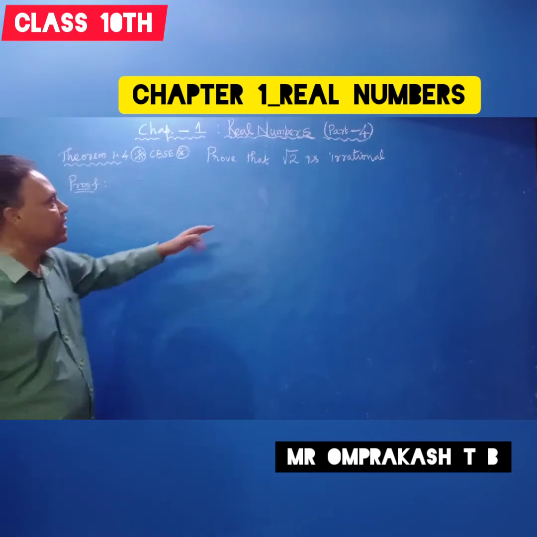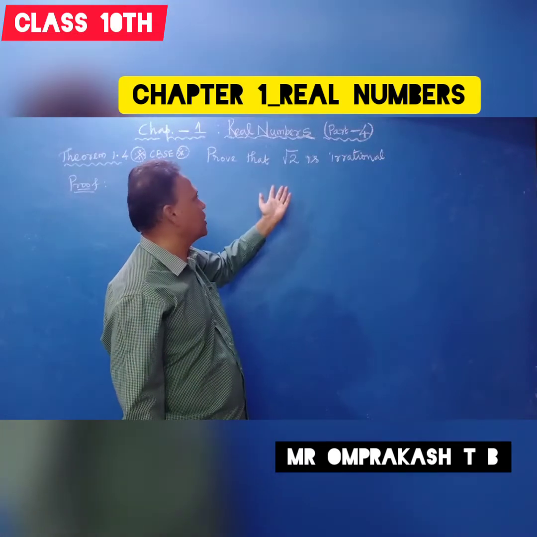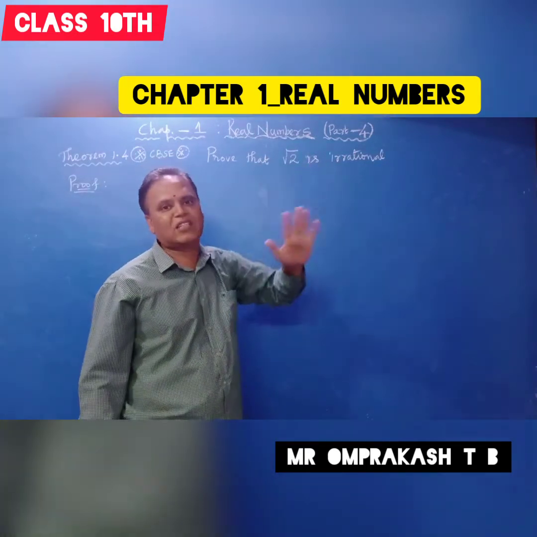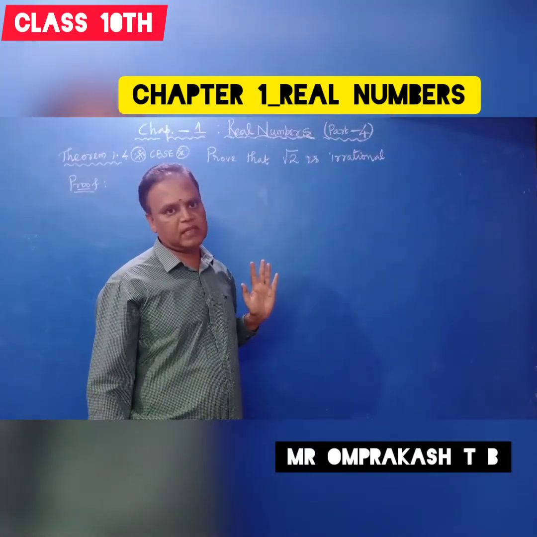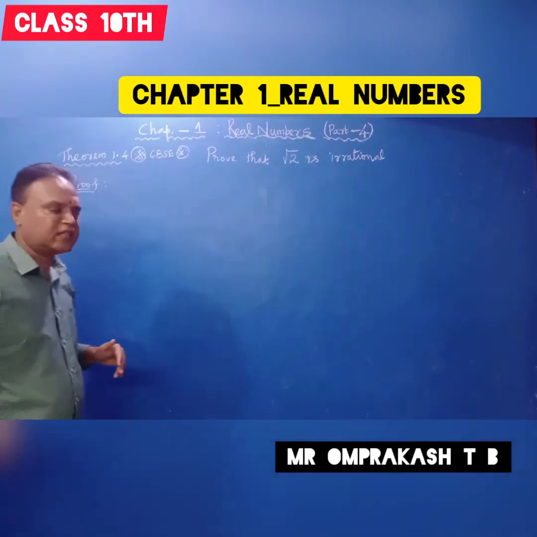Contradiction method means, here root 2 is irrational, so you have to take the opposite, that is, root 2 be a rational number.